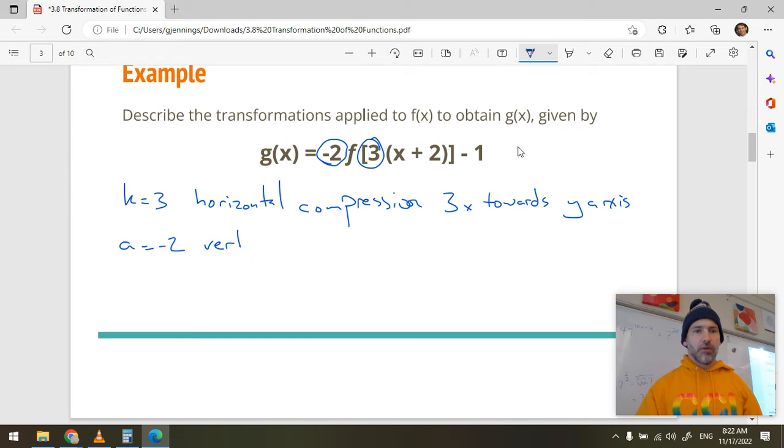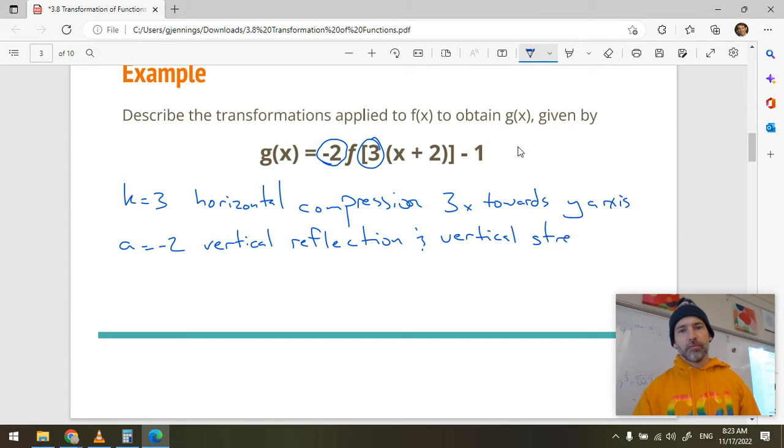Yeah, vertical reflection, sure, or reflection in the x-axis. I just called it a vertical reflection because I use different language sometimes to say the same thing. And a vertical stretch times 2. Good. All right.